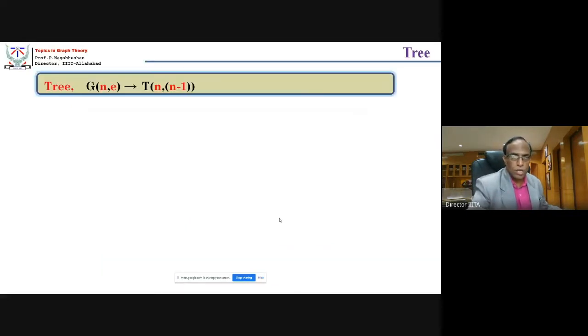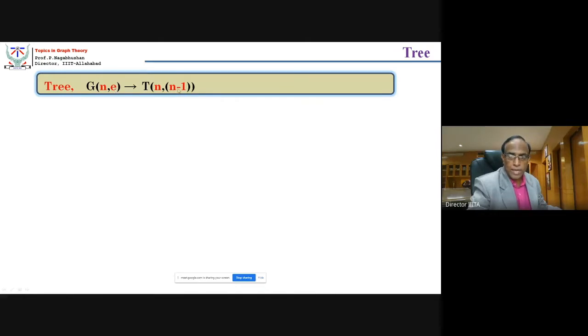Okay, so now what is a tree? A tree is a subset of the graph G. G is a set of vertices and a set of edges, you know that, and a tree is a subset of the graph such that the set of vertices shall remain the same, but the set of edges will be only n minus 1 out of E edges.